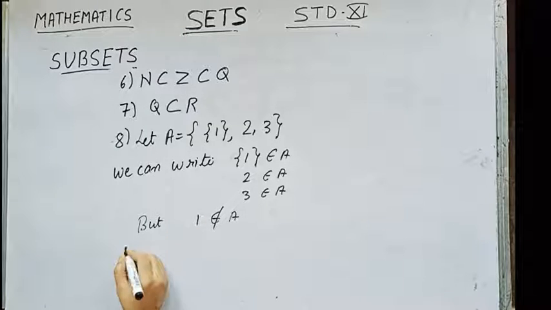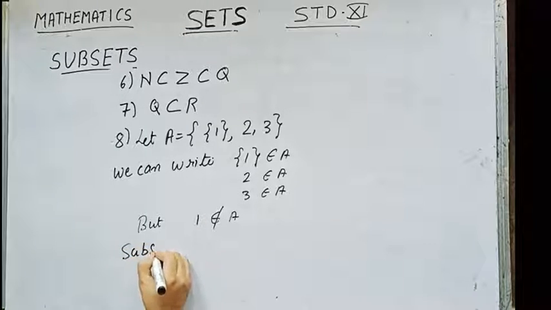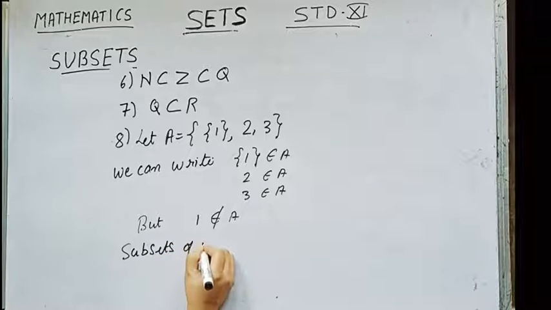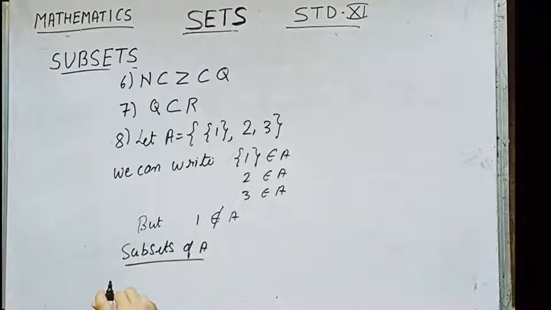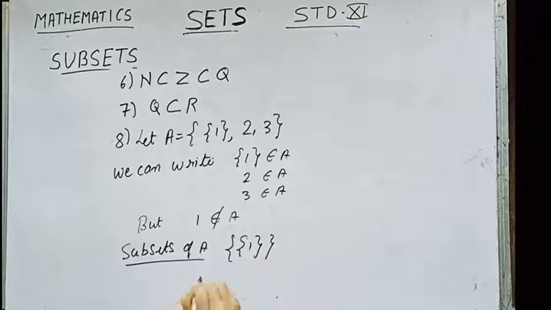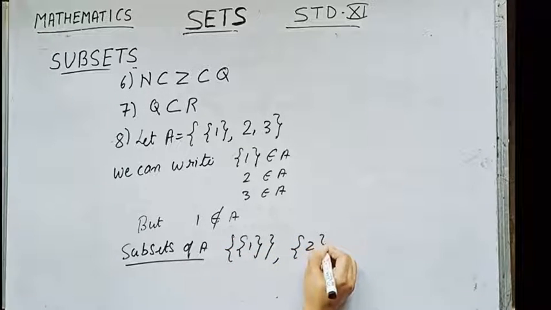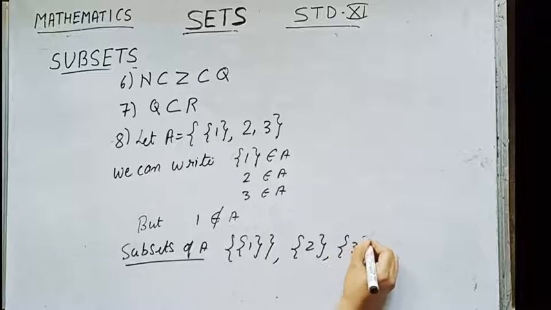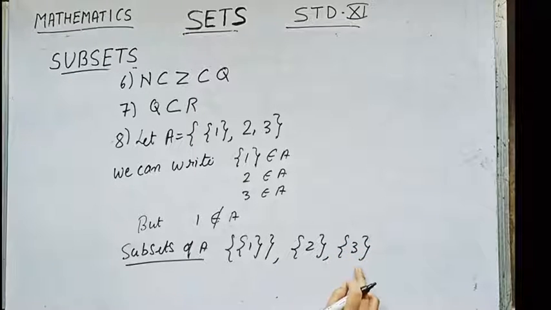Now, if we have to write the subsets of A, we can write the subsets as the set containing 1, the set containing 2, the set containing 3 for single sets.